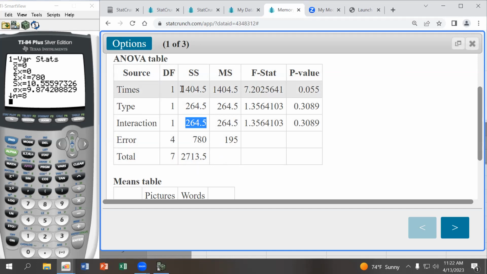So, add 1404.5, 264.5, 780. Take that away from 2713.5.